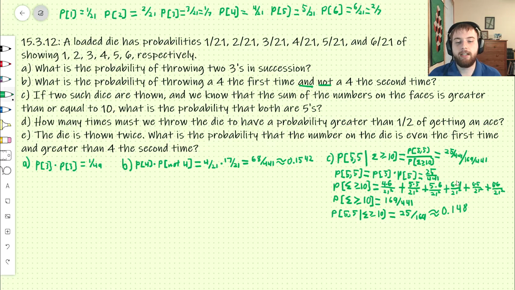So the probability of the 5 and 5 happening, given this conditional probability, given that the sum is greater than or equal to 10, is much greater than just the probability alone. You can see that we have 25 over 441, and now we have 25 over 169.